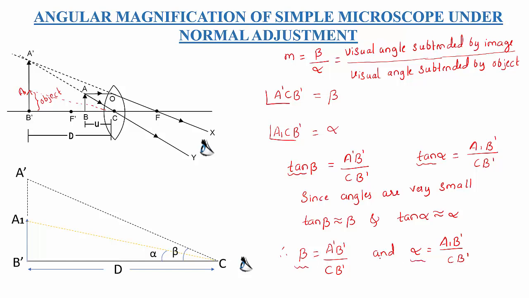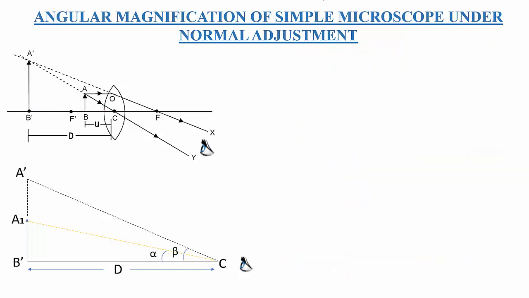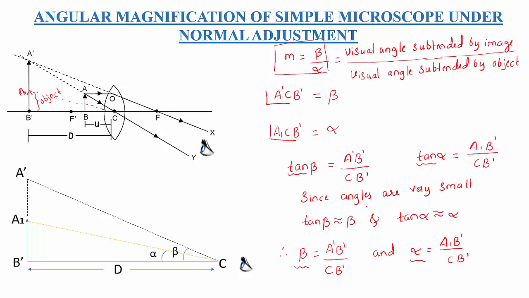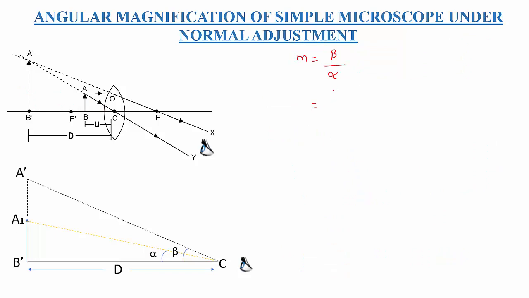Substitute alpha and beta values in the angular magnification equation, that is M equal to beta divided by alpha. So what is the equation? M equal to beta divided by alpha. Now substitute the value of beta. Beta is A dash B dash divided by CB dash, into alpha value reciprocal.